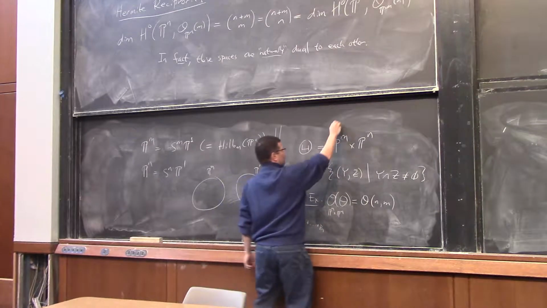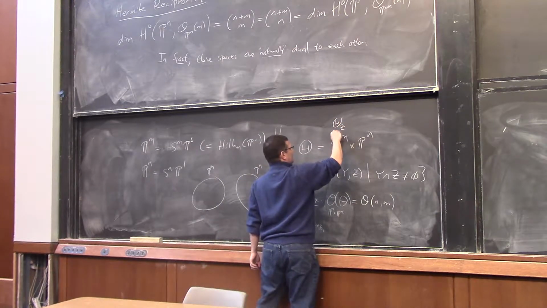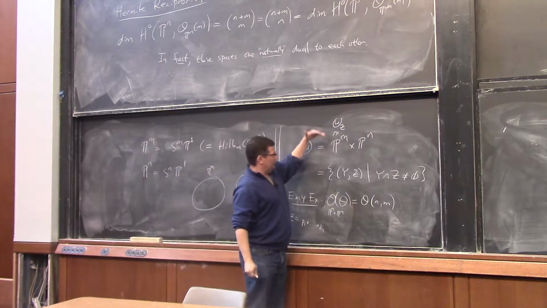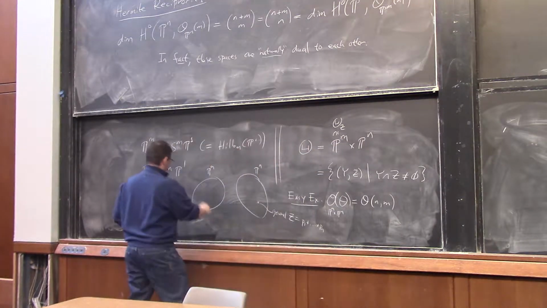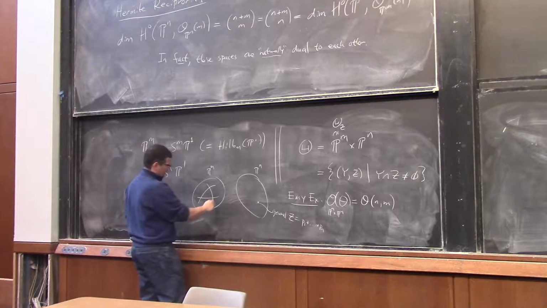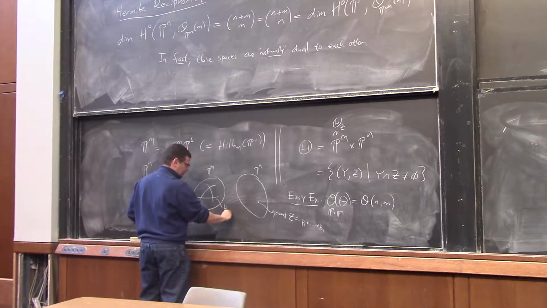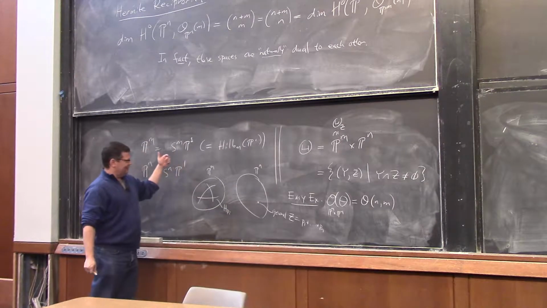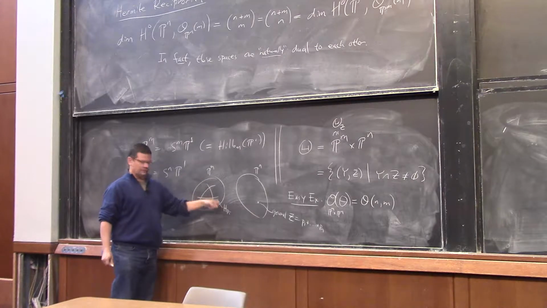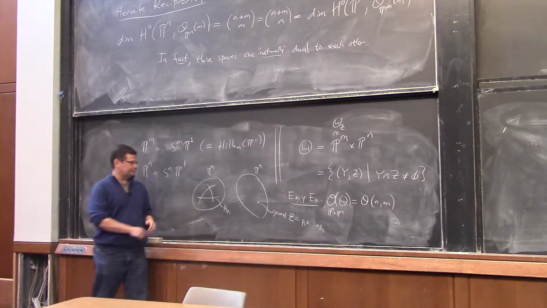I can think of the theta of Z as a divisor inside of Pm, so theta intersect Pm cross Z. And that just looks like a union of hyperplanes. So I have one hyperplane for each point, which is the subschemes of P1 that contain a point. Great.